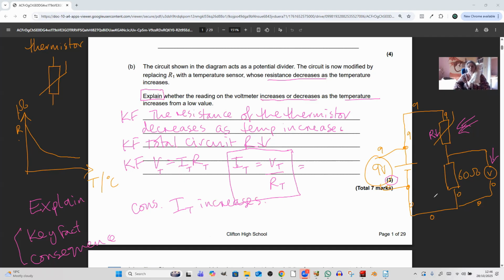So right now, can you see that we now have to apply V equals IR, but to the 60 ohm resistor? Well, it's a series circuit, so I60 is the same as I total, and I total has gone up. R60 hasn't changed because it's a fixed 60 ohm resistor.